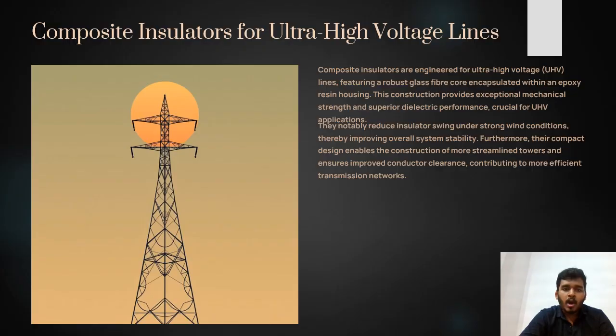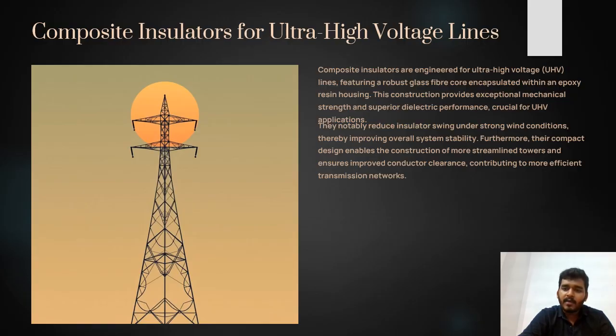So, composite insulators for ultra high voltage lines, UHV. Generally high voltage DC transmission is called HVDC, and this one is an ultra high voltage line, featuring reinforced glass fiber encapsulated within protective housing.